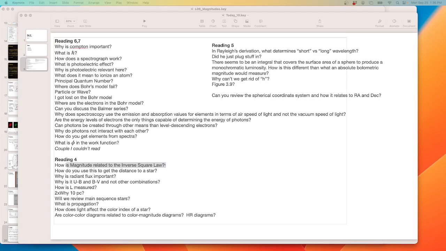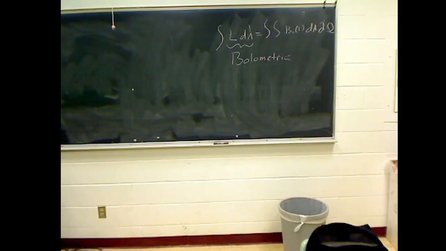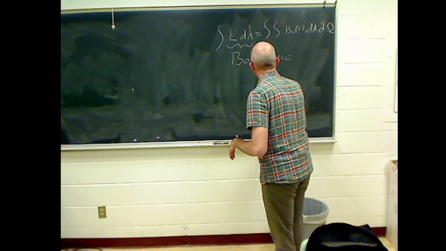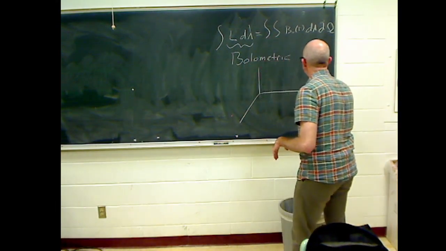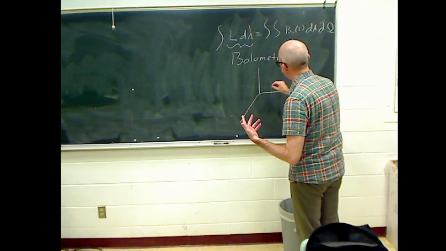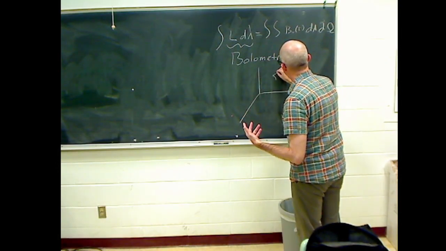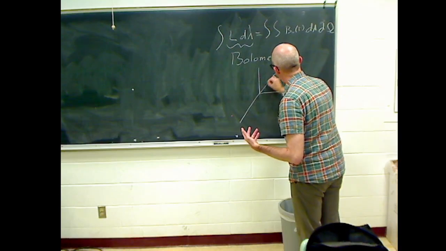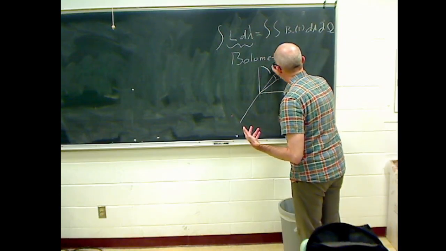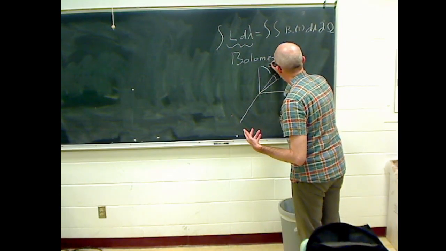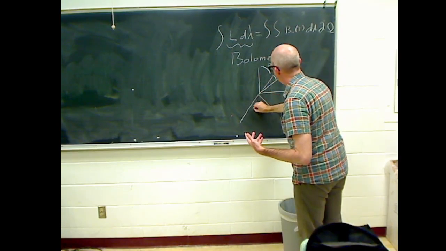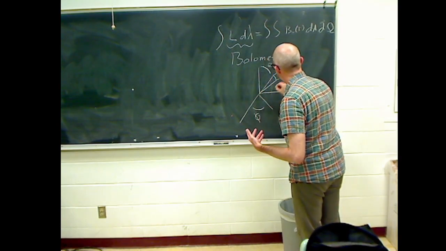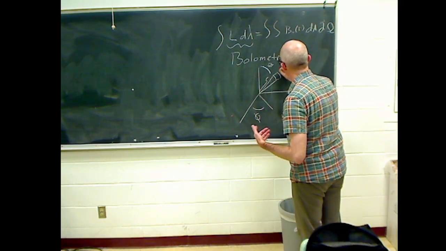And figure 3.9. I didn't spend a moment with this figure, but let me do that now because you're going to need it maybe. This figure is a coordinate system. There's a little blob, and there's a theta here, and a phi here, and an r here, and a bunch of d's around here.